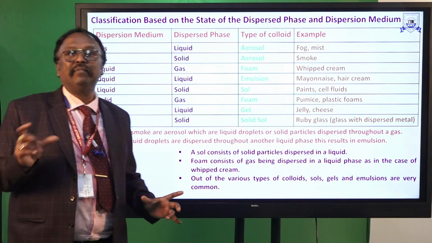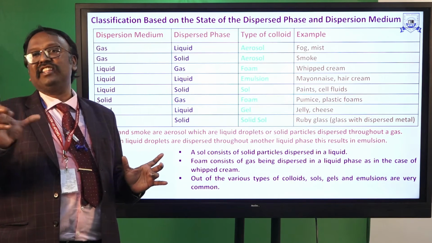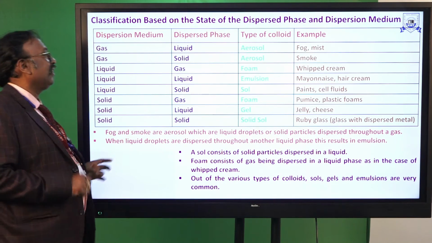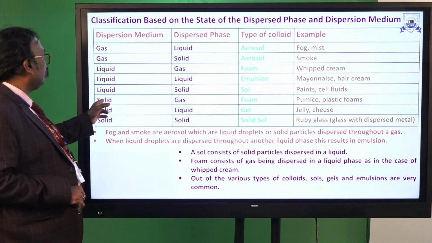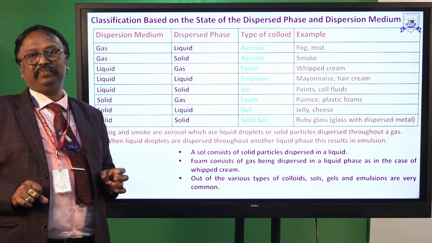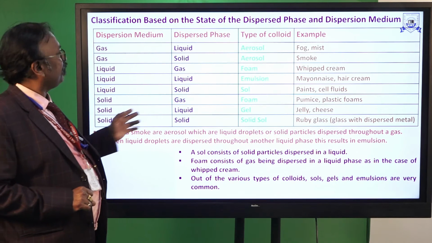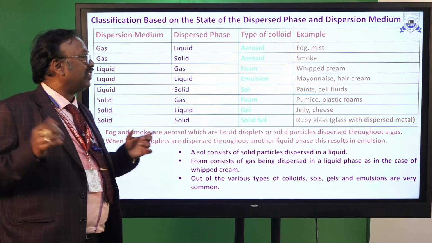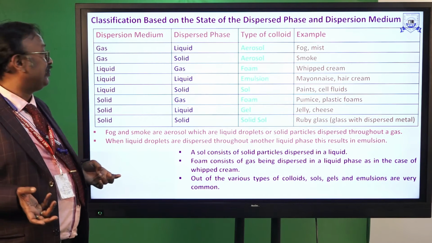That is foam. Shaving foam and other foams, whipped cream are examples. Then the dispersion medium is solid and dispersed phase is gas. We also call this foam. Plastic foams and pumice are examples.